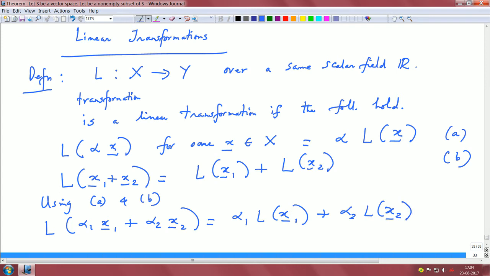Now can you just recall the superposition principle that we started off when we described linear systems in one of the early review lectures? We just assumed something, we just said this is a linear system if it satisfies these properties.